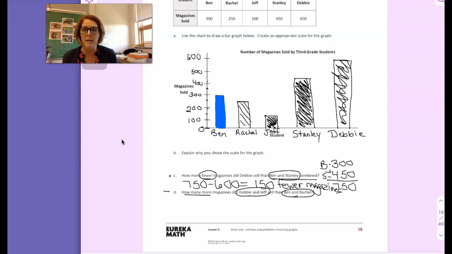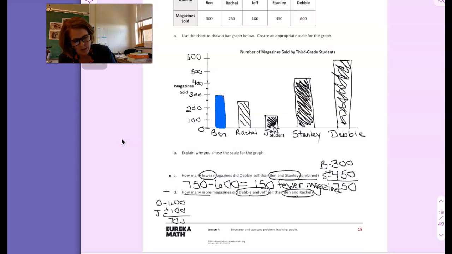And we want to know how many more. So Debbie and Jeff, Debbie sold 600. Jeff sold 100. So together they sold 700. Ben sold 300. Rachel sold 250. So together they sold 550.